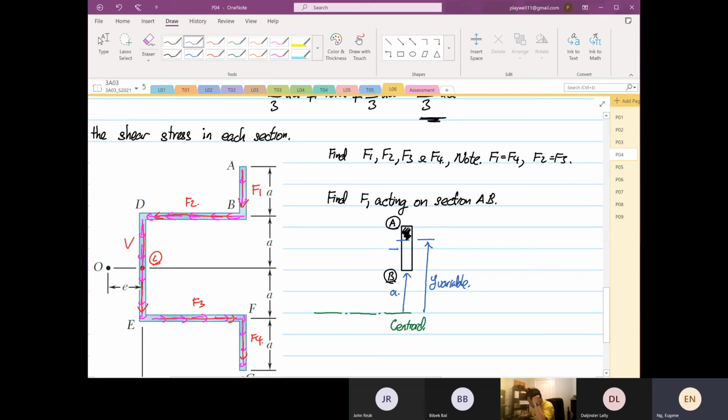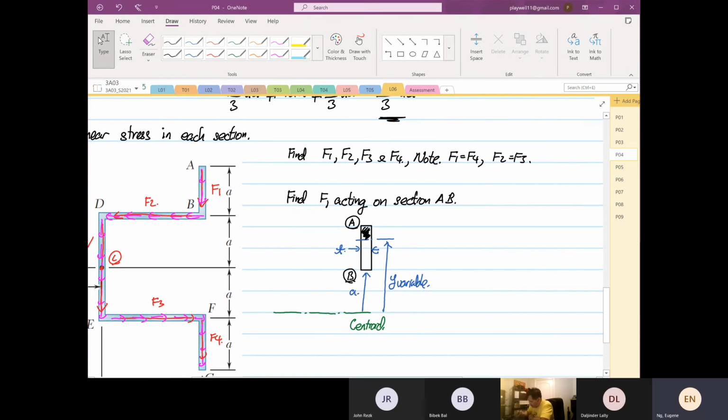And we know that the distance from here to here is equal to T. So the Q for AB is equal to area, or width multiply depth multiply Y bar. So we know the width is the thickness T, the depth is equal to 2A minus Y, right? Why 2A minus Y? Because the distance from here to here is 2A.